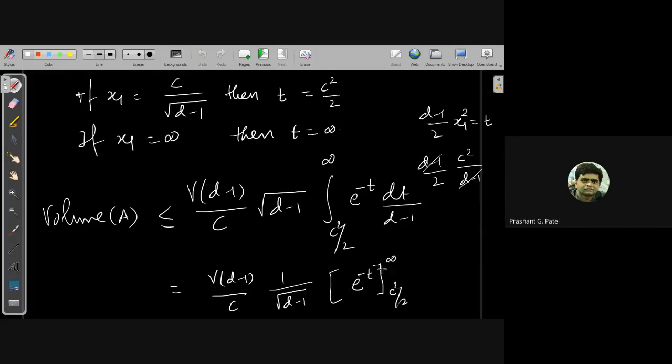Here it is coming: if I put infinity here, this will be 0 minus e power minus c square by 2. So ultimately, if I consider the positive sign, then the answer will be V_{d-1} by c into square root of d minus 1 into e power minus c square by 2. This is the upper bound, or I can say the volume of A is less than or equal to this.